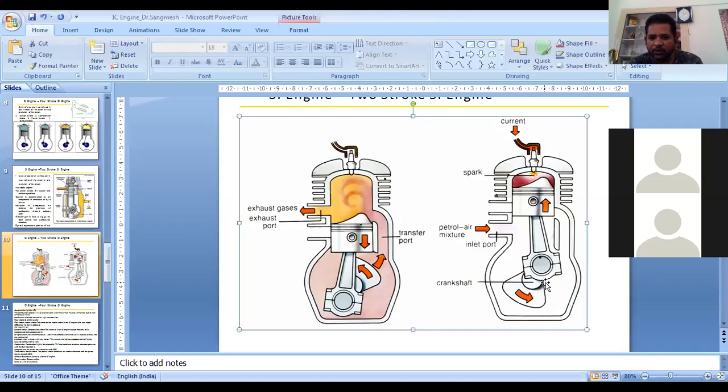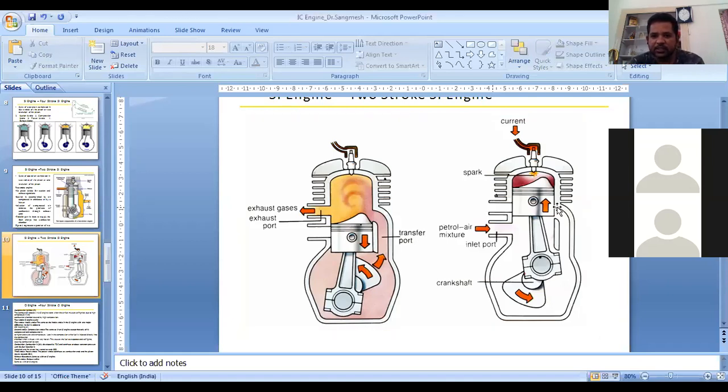In the second figure, once it reaches the end, it starts moving from BDC to TDC. As it moves, it uncovers the inlet port. Then the fuel and air mixture is drawn into the crankcase initially.